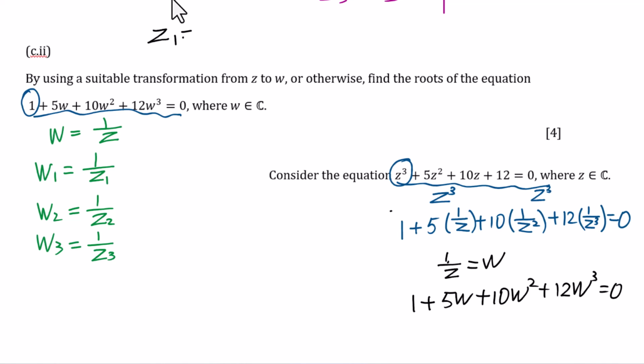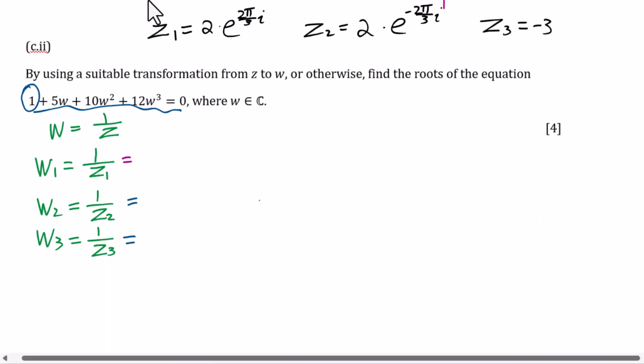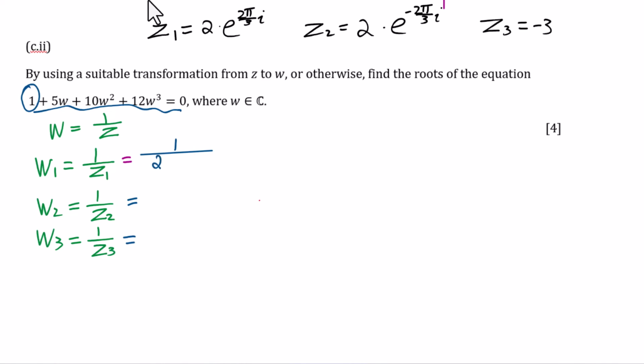We know z1 equals 2 times e to the power of 2 pi over 3 i. z2 equals 2 times e to the power of negative 2 pi over 3 i. z3 equals negative 3. So w1 equals 1 over 2 e to the power of 2 pi over 3 i, which is 1 over 2 e to the power of negative 2 pi over 3 i.